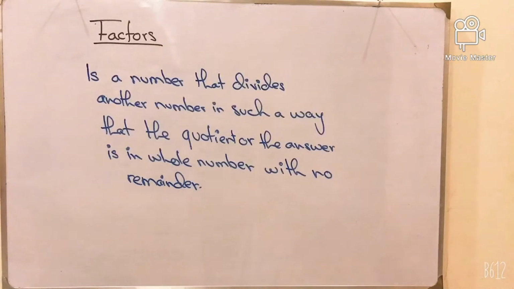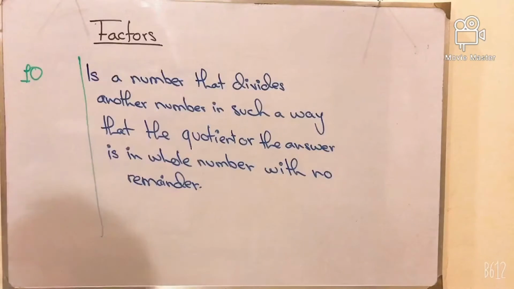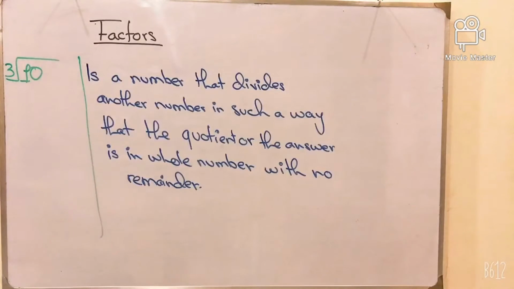Now I will give you an example to explain this definition. So let's move on to an example. Let's say that we have a number 10 and we have to divide this number by, let's say, 3. So we know that 3 times 1 is 3, 3 times 2 is 6, 3 times 3 is 9, 3 times 4 is 12.